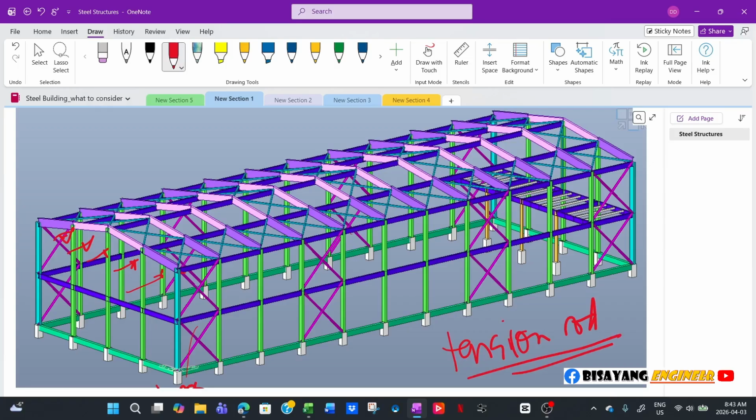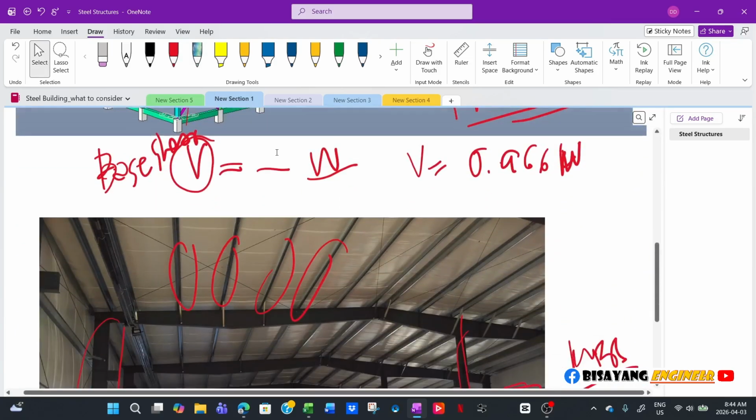To be honest, I've never seen a metal building that uses angles or HSS bracing. It's always tension rod, or if there is no room for bracing, it will use a portal frame.